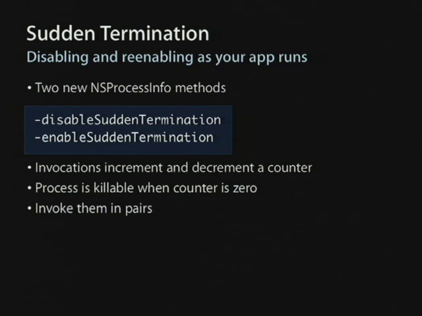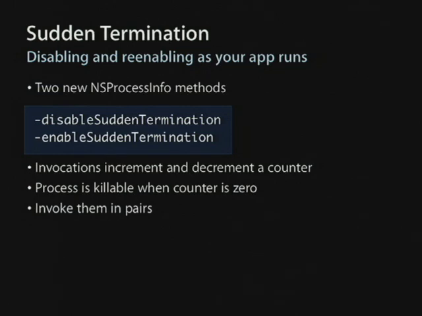That's the only time you'll ever be invoking that method by itself, because usually you'll be invoking disableSuddenTermination on the shared NSProcessInfo instance, and then invoking enableSuddenTermination. You'll be doing these in pairs, and invocations increment and decrement a counter, and when the counter is 0, the process is killable, and that means anything in the operating system outside of the process might kill it.